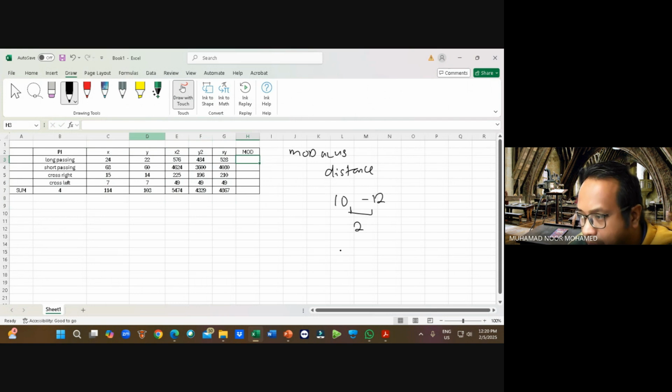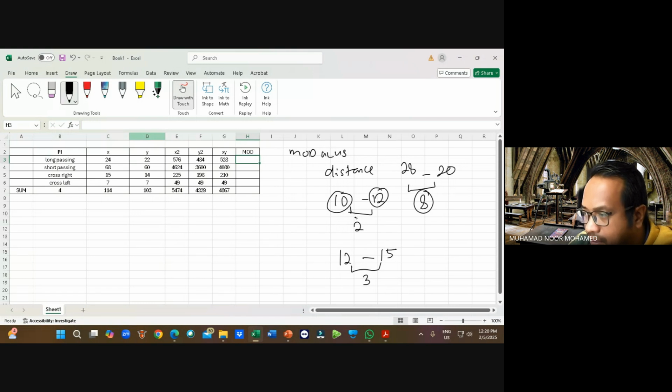The same goes for 12 to 15, the distance is 3. It doesn't matter whether the starting value is smaller than the ending, or maybe 28 to 20, so the distance is 8. This is modulus. Please remember, in modulus there are no negative values.